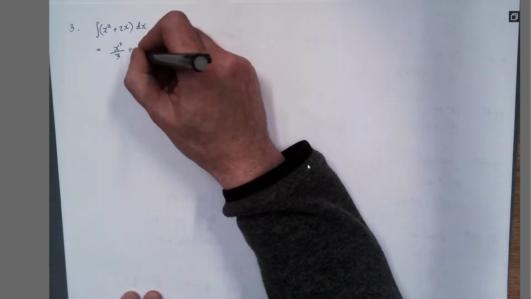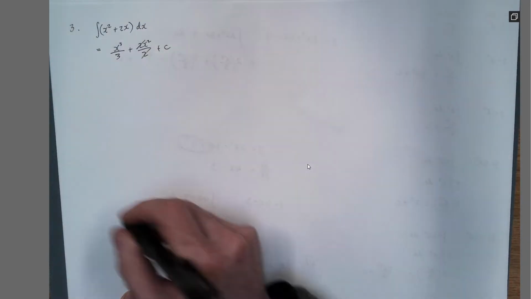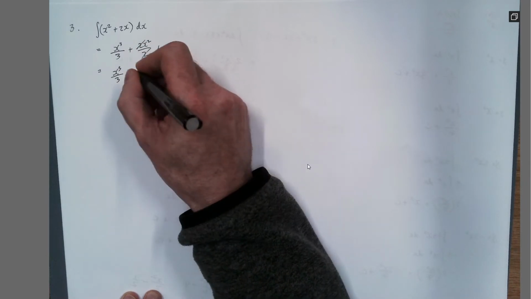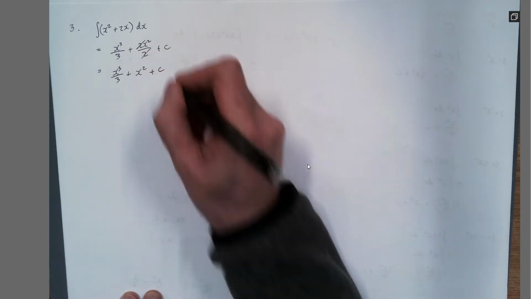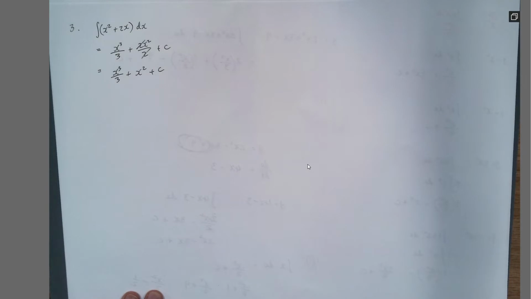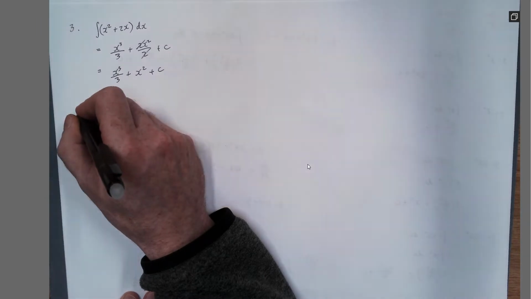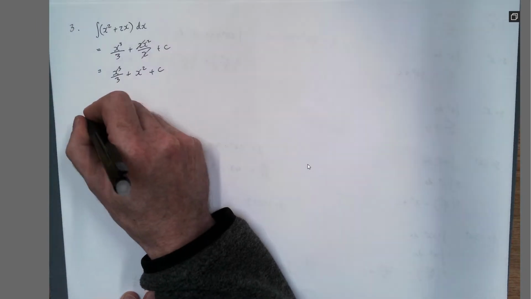Now erase the 2 and simplify. So we make it x cubed over 3 plus x squared plus c. When you write it out, any three antiderivatives work. Any three antiderivatives. Yeah, that's basically it.